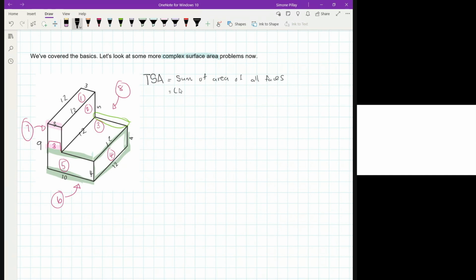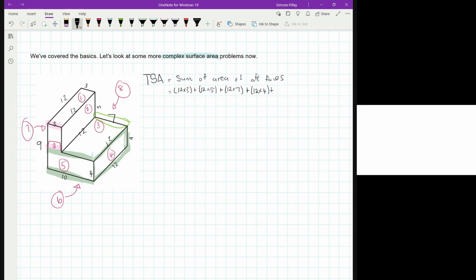I'm just going to write this out again, but smaller. So we had 12 times 3 plus 12 times 5 plus face number 3, we now know this is 7, so it's going to be 12 times 7, plus face number 4 is going to be 12 times 4, plus face number 5.